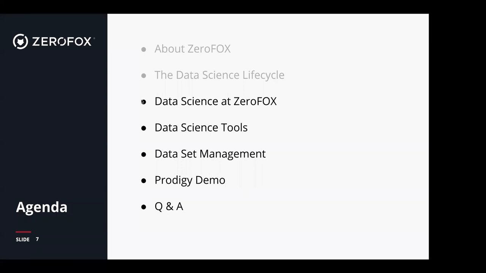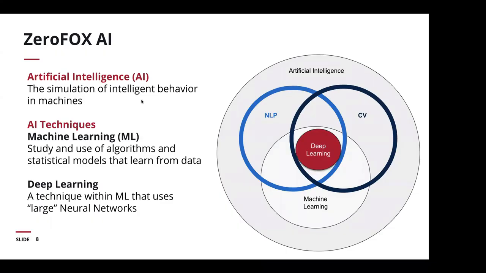So moving on to data science at ZeroFOX, this is really how, at least within our domain, we view the world. A lot of you are probably familiar with this, but I just wanted to clear up some definitions: AI is really the simulation of intelligent behavior within machines. And within artificial intelligence, there's a number of different techniques that you can use. One happens to be machine learning, which is where my team comes in.